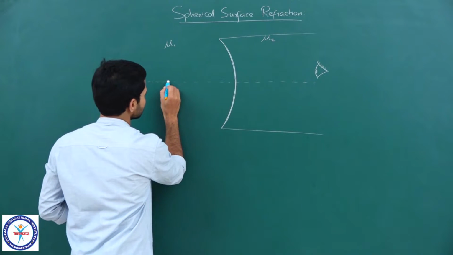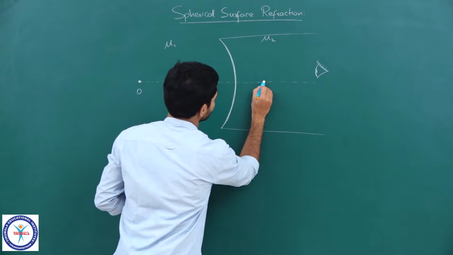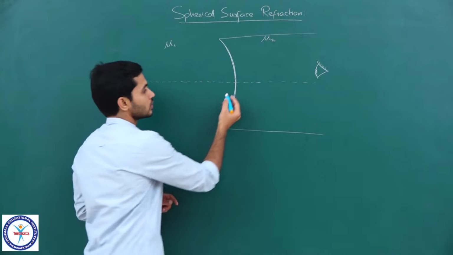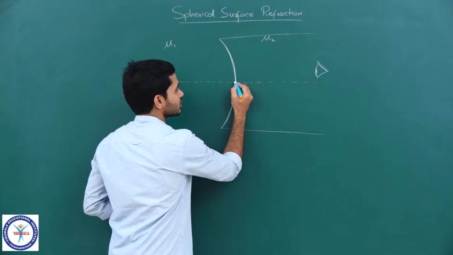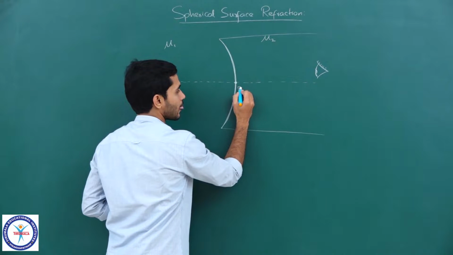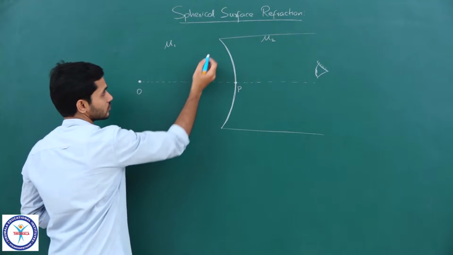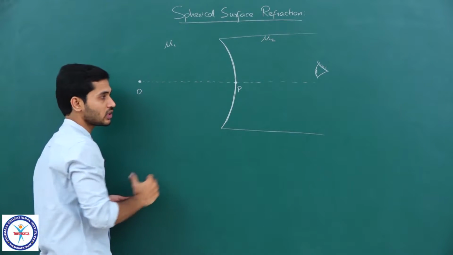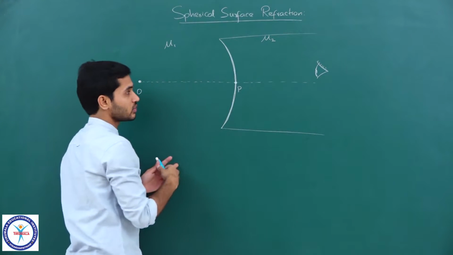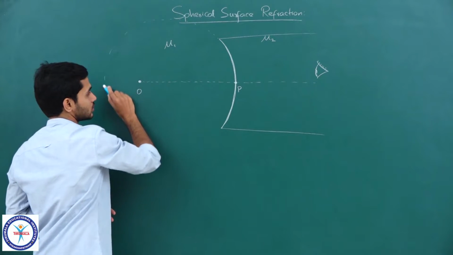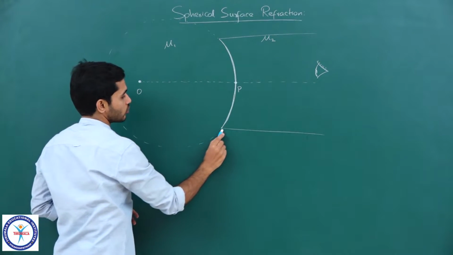Even in this scenario we will be considering the paraxial rays only. The midpoint of this boundary we can consider as the pole. Because this interface is part of a sphere, if I extend it further hypothetically, it forms a sphere.